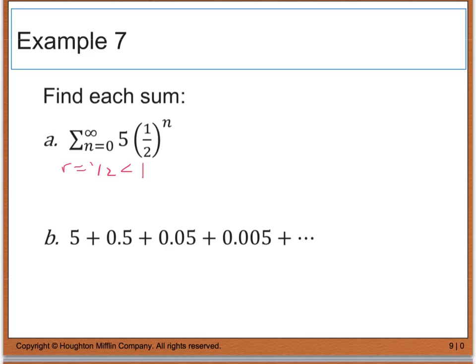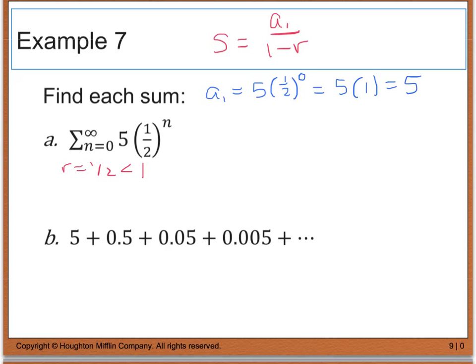If you recall, the sum was equal to your first term, a sub 1, divided by 1 minus r. So I'll have to find my first term, a sub 1, and I'm going to find that by going 5 times 1/2 raised to the power of 0. That's going to give me 5, because anything raised to the power of 0 is 1, so 5 times 1 is 5.